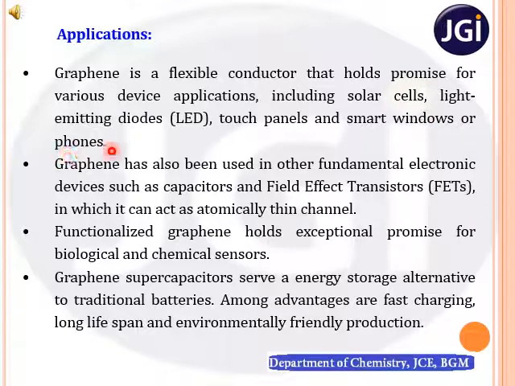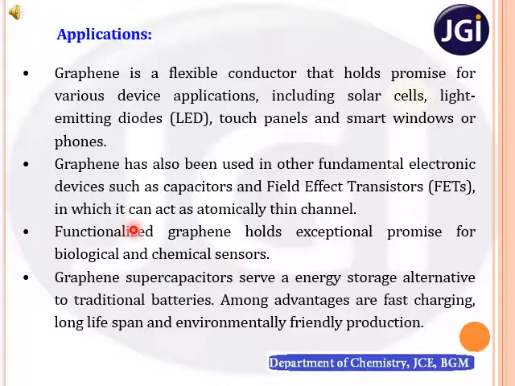Almost all components are generally made with the help of graphene materials. Graphene has also been used in other fundamental electronic devices such as capacitors and field effect transistors. The other application is that functionalized graphene holds exceptional promise for biological and chemical sensors.